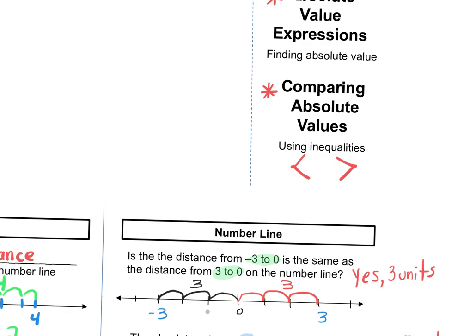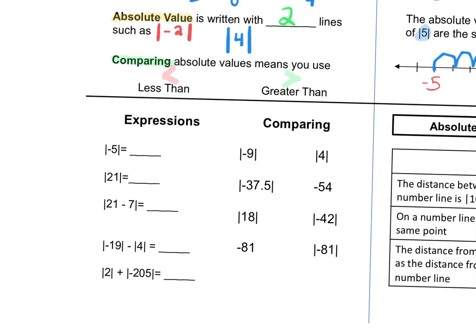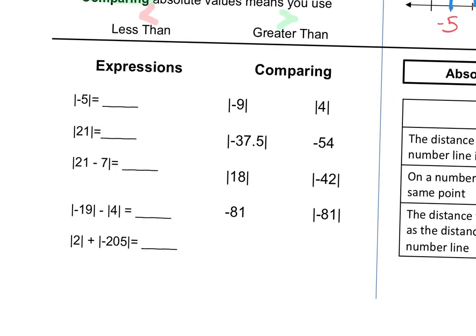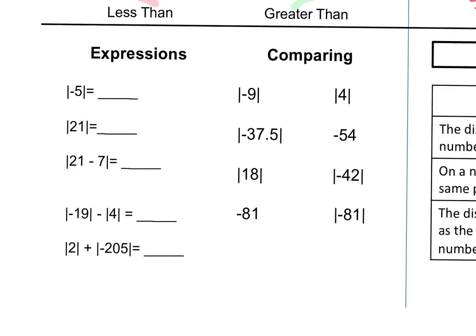Remember, you guys, expressions are simply those problems without an equal sign. All right, so now we're going to be looking at expressions. This one right here, as soon as you see those two lines, is asking what's the distance on the number line between 0 and -5. Well, that's easy. It's 5 units.